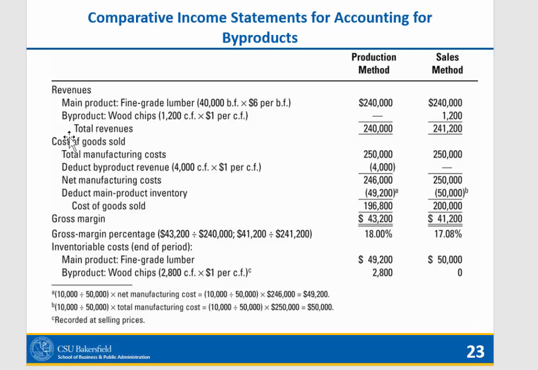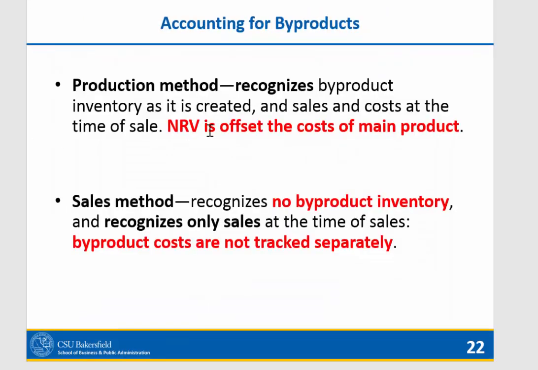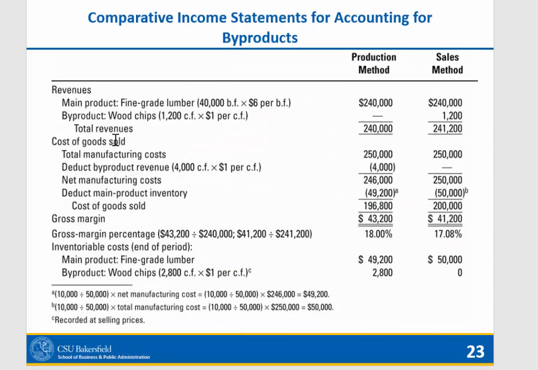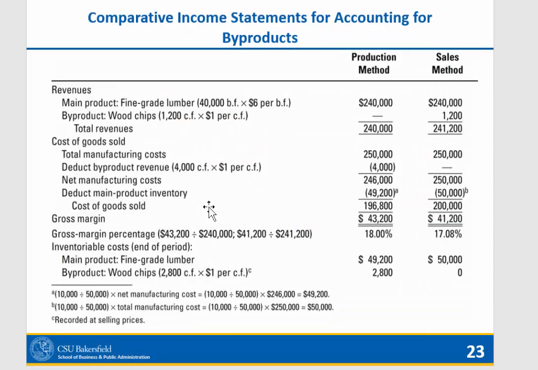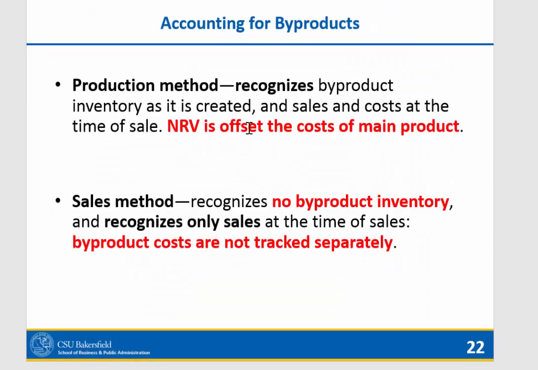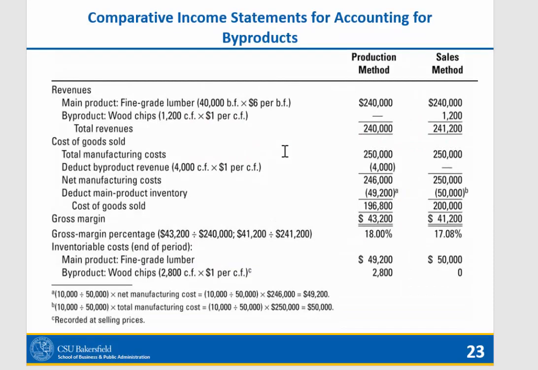For the production method, it recognizes byproduct inventory as it is created, so we have 4,000 cubic feet. And the sales and the costs at the time of the sale. We recognize byproducts and sales, but we don't consider that part of revenue. We just use the NRV from the byproducts to offset the cost of the main product. Therefore, for total revenues, we still recognize only 240,000 coming from the main product.